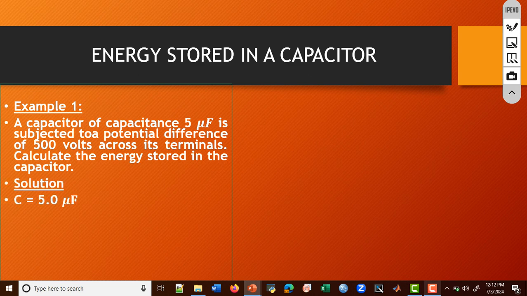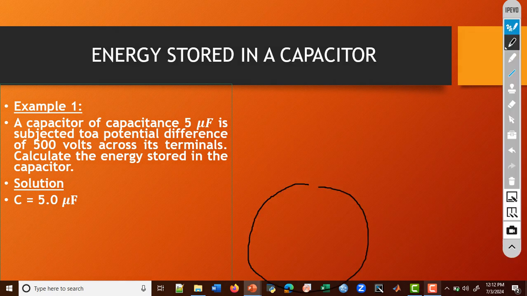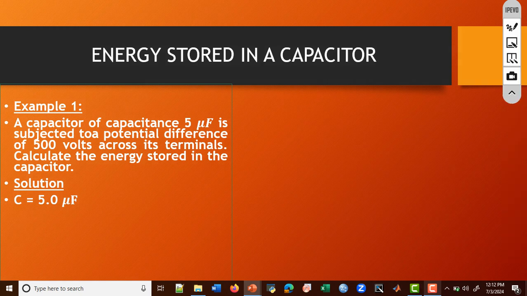So here we have the capacitance of the capacitor to be 5 microfarad. Of course, you know the meaning of the term micro. It is times 10 to the power minus 6, so whenever we are using it for calculation, we have to consider that as well.